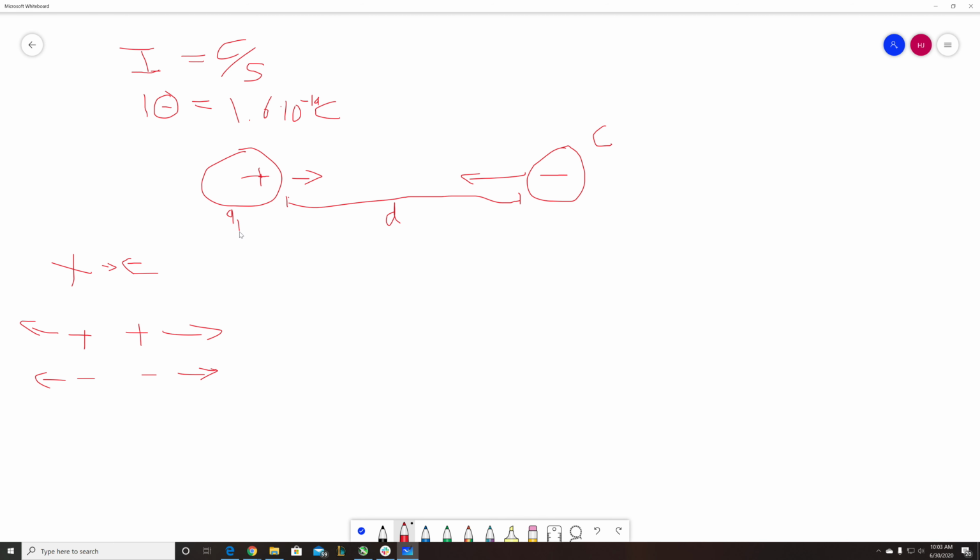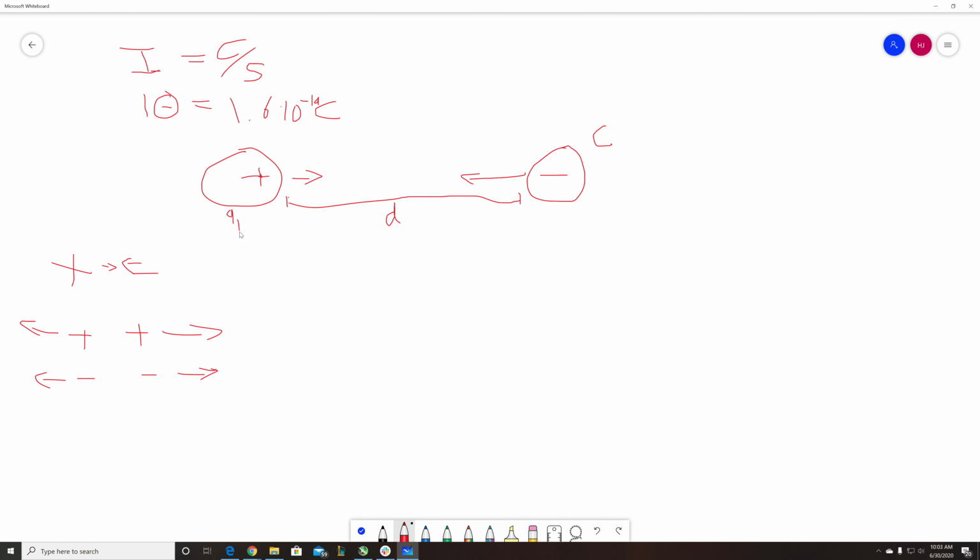Sorry for my bad writing, I'm using a mouse. Sorry for my 2 that looks like a 3. Q1, Q2, and this is times K, is equal to force. Now, I've already explained the units here.